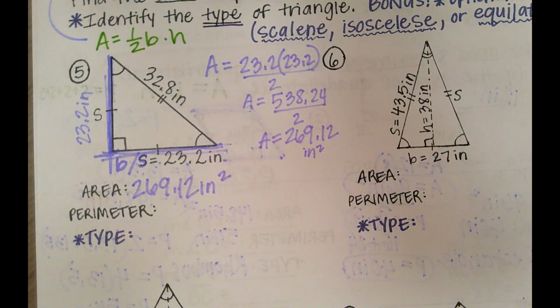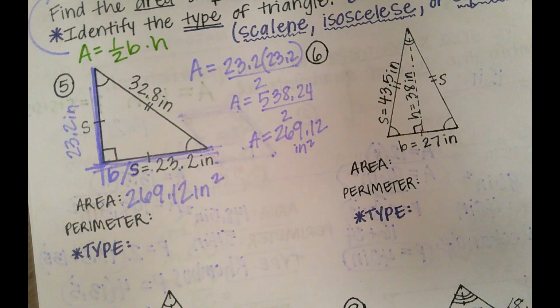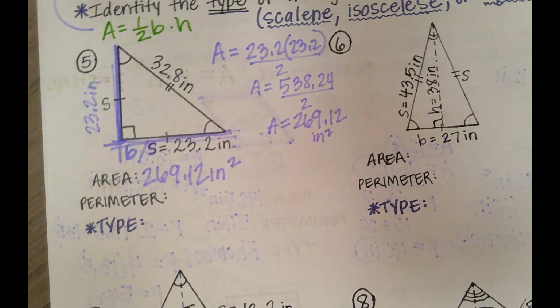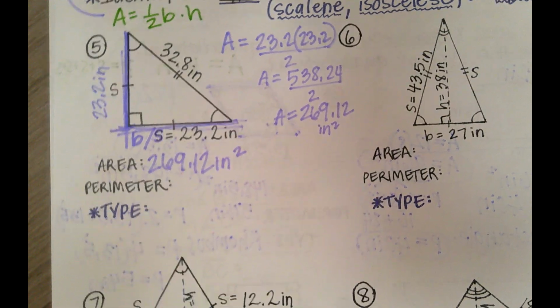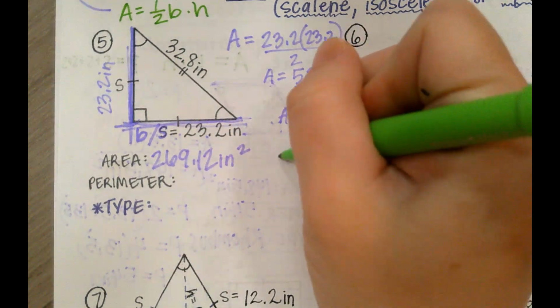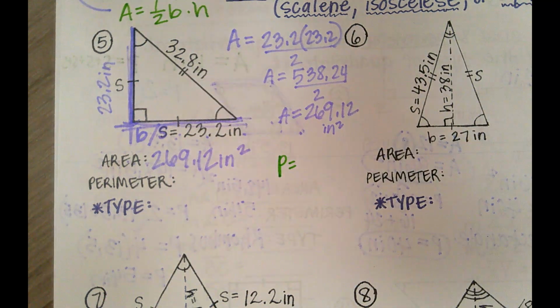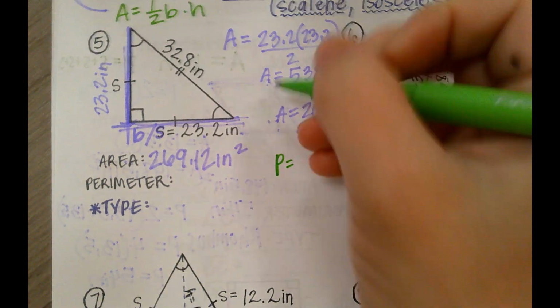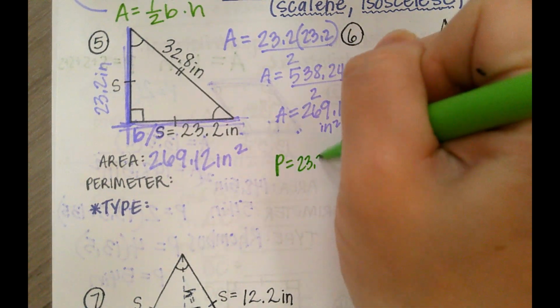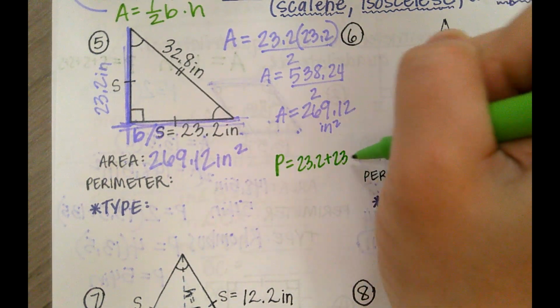Okay, now just to keep my work separate, I'll use a different color for perimeter. How do I find the perimeter of a triangle? Anybody know? 23.2 plus 23.2 plus 32.8. Yes.